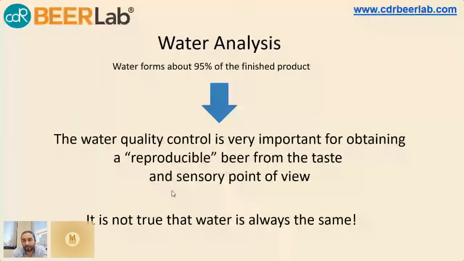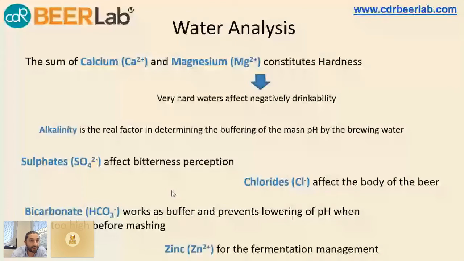In the next slide, for example, we detect calcium and magnesium, that is practically the hardness of the water. We detect the alkalinity, sulfates, chlorides, bicarbonates, and zinc. Zinc, as we've seen before, is important for the alcohol fermentation. So again, here you have a wide range of parameters to check the water you use.